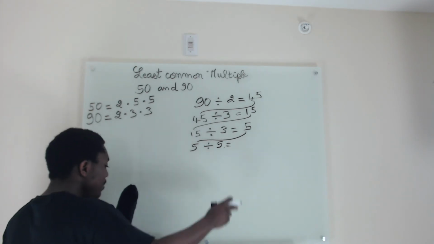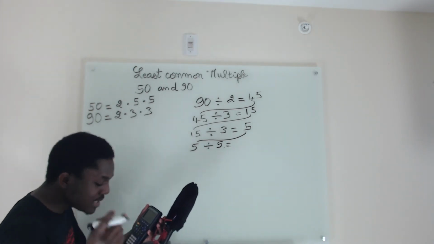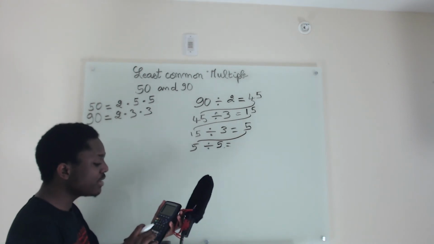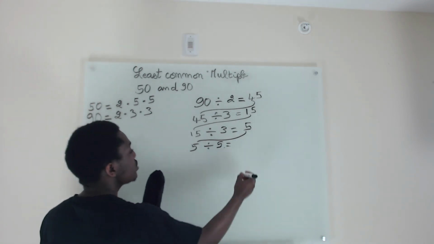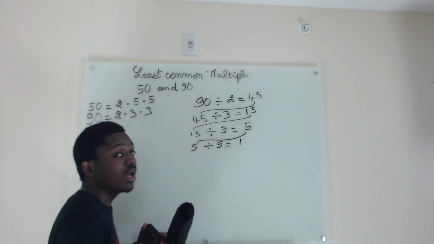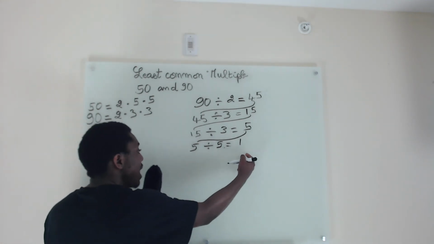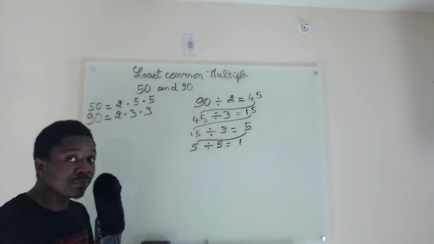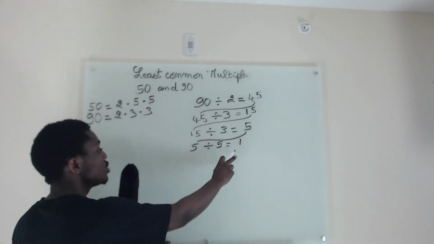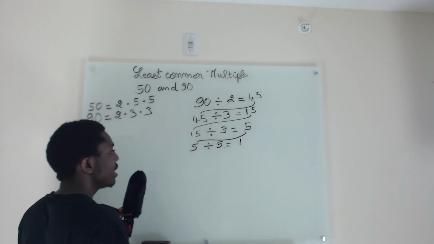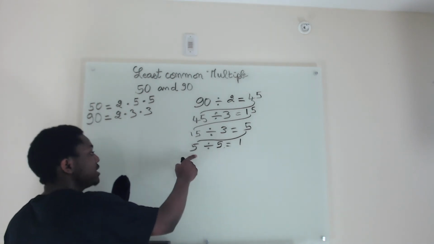So 5 divided by 5, if I take my calculator and I put 5 divided by 5, the answer is what? 1. So since our answer is a beautiful number, or a number that doesn't contain a decimal point, then this 5 right here is a multiple of 5.